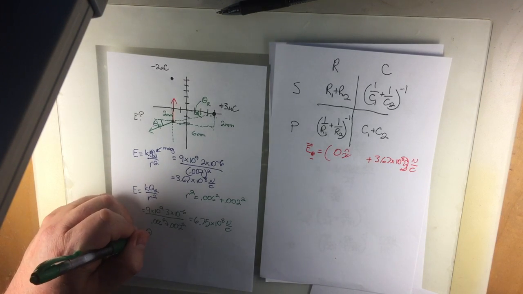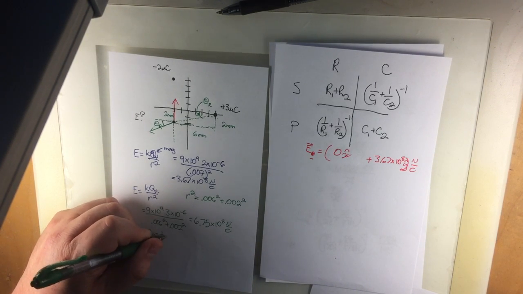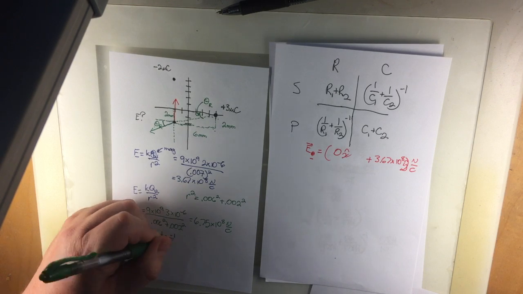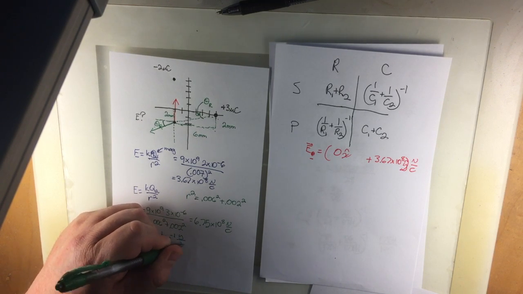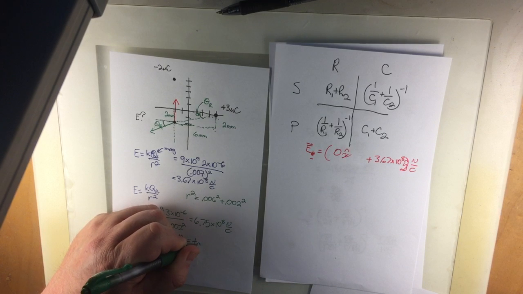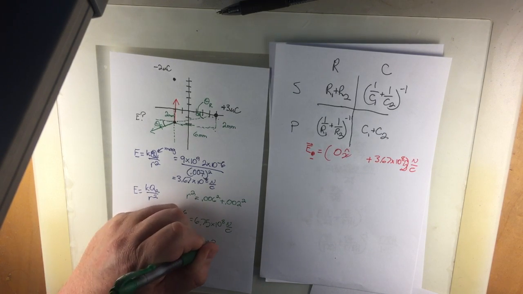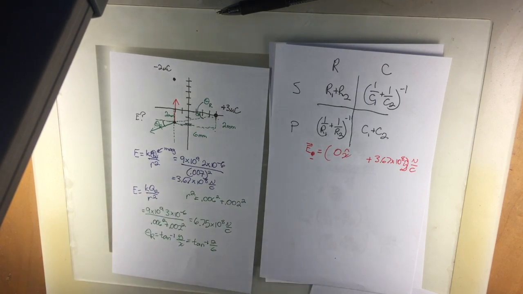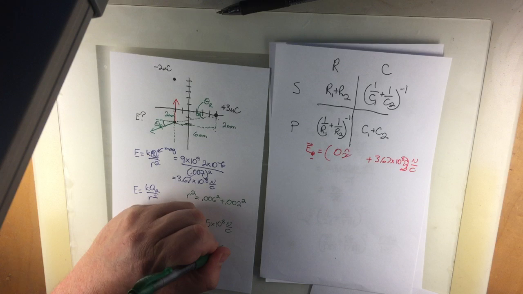That reference angle you can get by the inverse tan of y over x, inverse tan of 2 over 6. The units don't matter because they cancel out anyway. Inverse tan of 2 divided by 6. And I get 18.43.